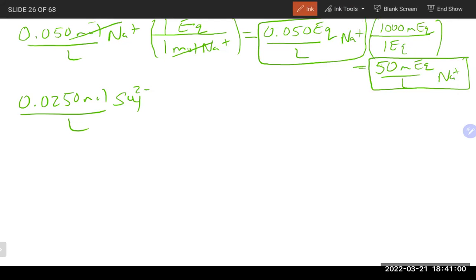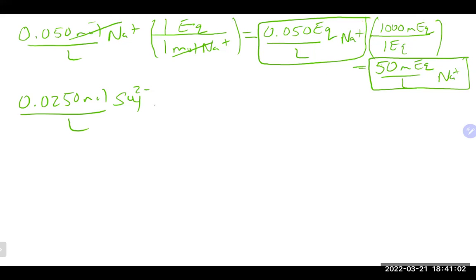Now, we could do the same thing for sulfate using the relationship that we saw on the previous page to convert our moles per liter into equivalents per liter. For 1 mole of sulfate, there are 2 equivalents. Again, the 2 comes from the charge.